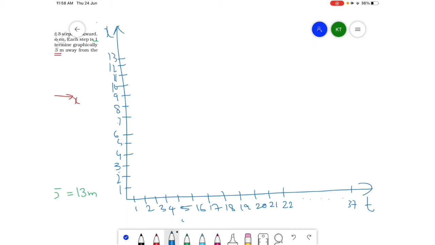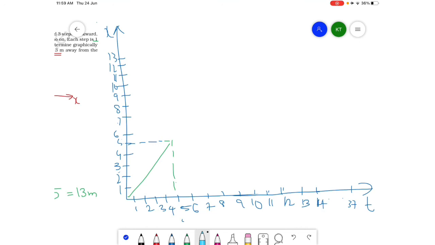Okay, so here we see till 5 seconds he travels a distance of 5 meters. That is by a straight line. In the next 3 seconds, we see that the guy has traveled backward 3 meters.